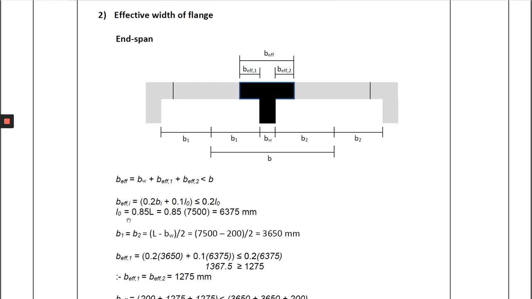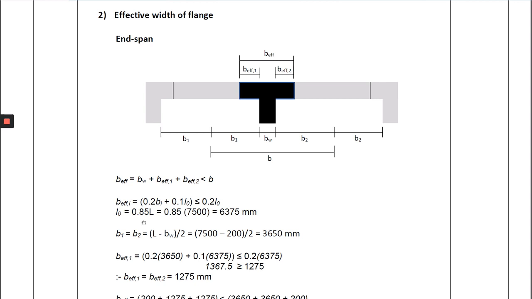That's why for your L naught here, you're using 0.85 L. By referring to the figure in your appendix, figure 5.3 effective flange width parameters and figure 5.2 definition of L naught for calculation of effective flange width.